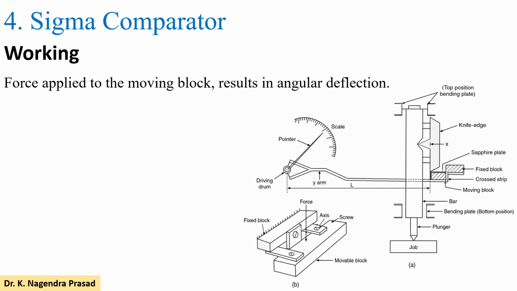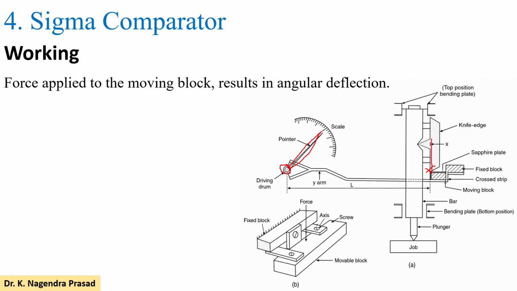So let's see the working of the sigma comparator. In the schematic you have to observe here. This sapphire plate is connected to the Y arm and the Y arm is connected to the driving drum as well as the pointer. Now force is exerted through the knife edge on the moving block. Then this moving block is attached to the Y arm.